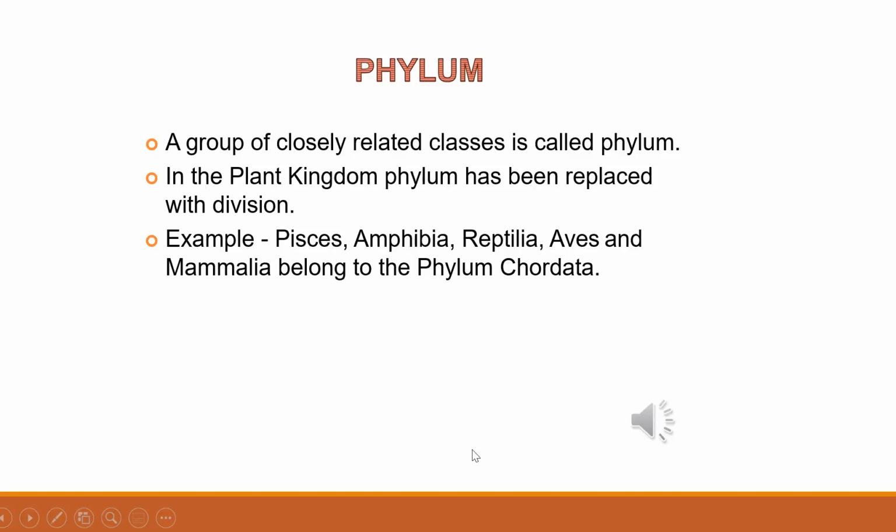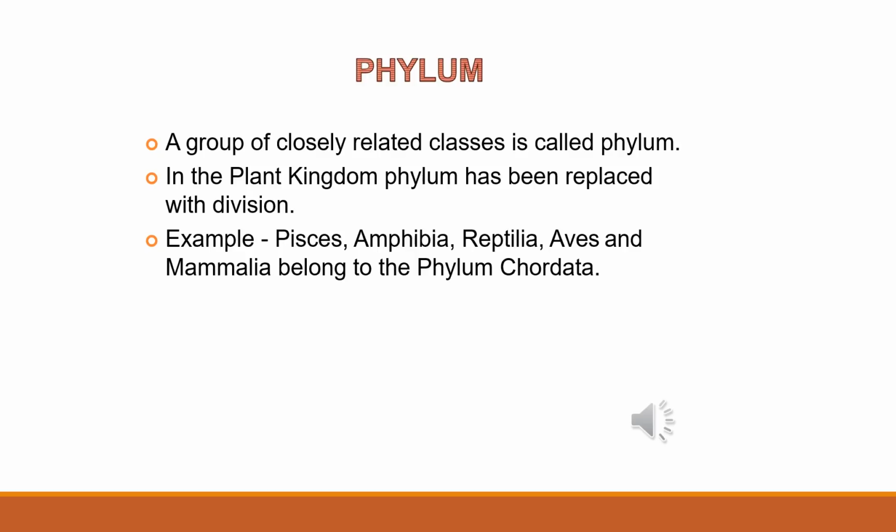Phylum is a taxonomic category higher than class and lower in rank to kingdom. The term phylum was coined by George Cuvier and is used for animals, while the term division, coined by Eichler, is employed for plants. The phylum or division consists of one or several related classes having a few similar correlated characters.